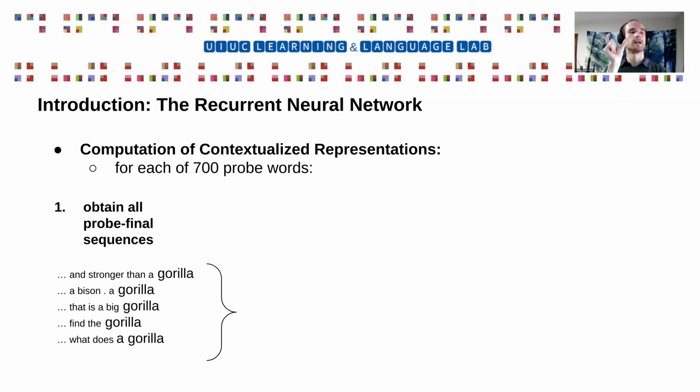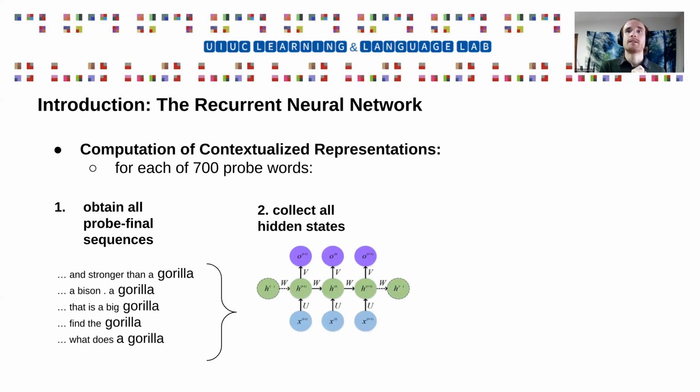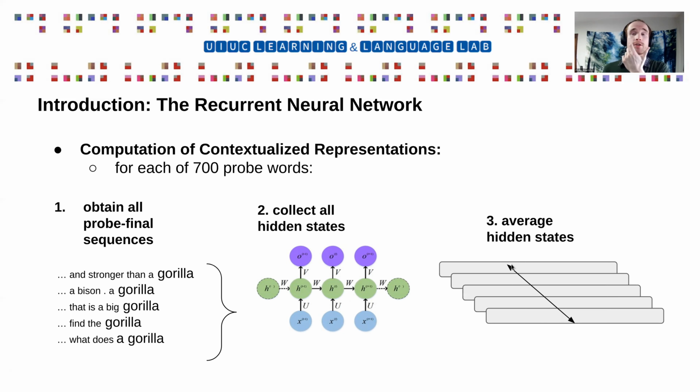These are all 7-item sequences, and then feed them all into the RNN. Here, the RNN is shown with a single hidden layer in green. Left to right are different discrete time steps. I save the hidden layer state at the last time step and average all of those hidden states to produce one contextualized representation for each probe word.